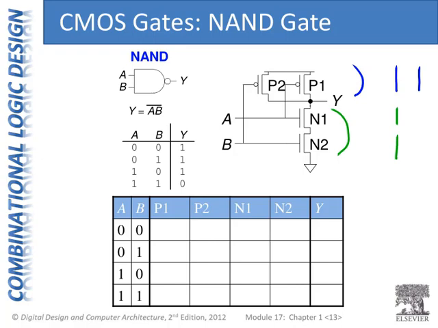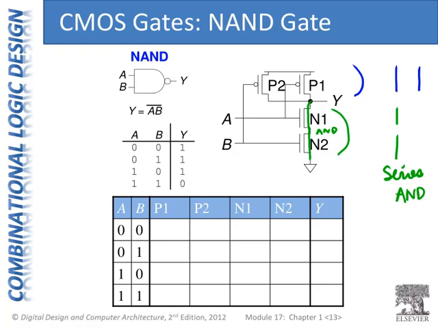So for a series network, in this case our NMOS network, it's an AND operation. So they both have to be true in order to get a connection to ground, between Y and ground. So both of those transistors have to be on in order to get a connection. So N1 has to be on for conducting, and because they're in series, N2 has to be on.